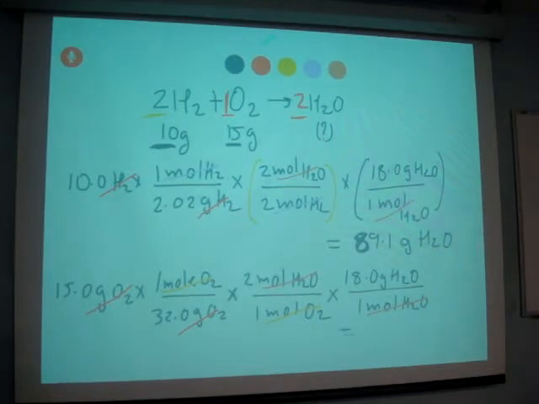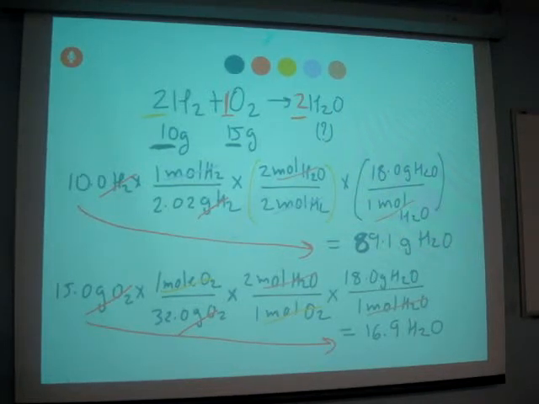When you calculate, you get 16.9 grams of H2O. So that means these 10 grams of H2 produce 89 grams of H2O and 15 grams of O2 produce 16.9 grams of H2O.